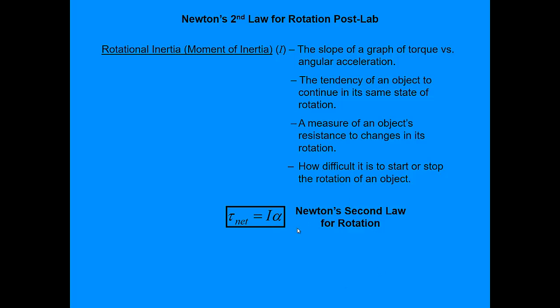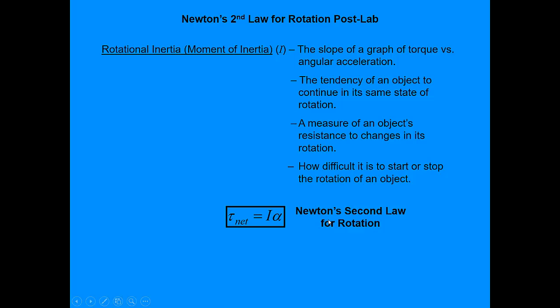Okay? Inversely proportional to the rotational inertia. Now, I couldn't do that lab because we don't have a way to calculate the rotational inertia yet. So I could have changed it, but I wouldn't have known what it was, right? So that would have been hard to graph.